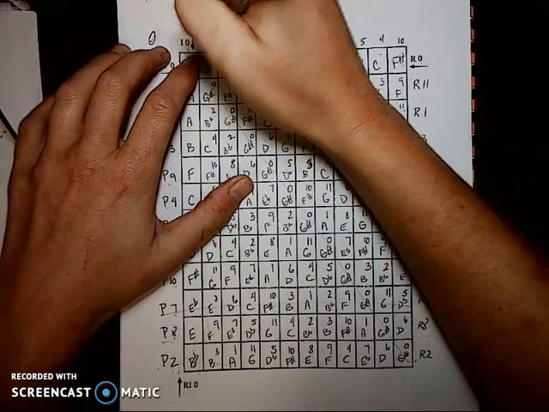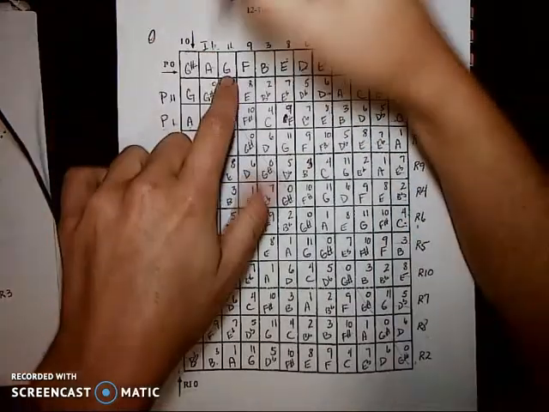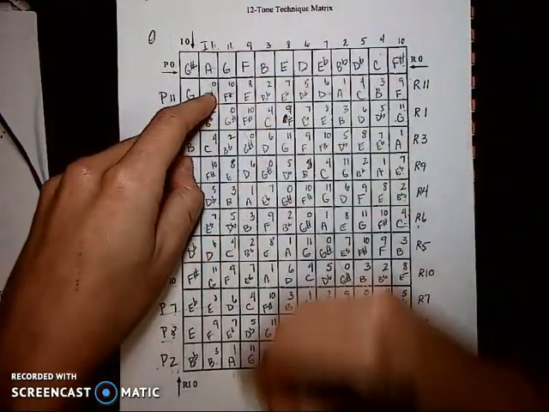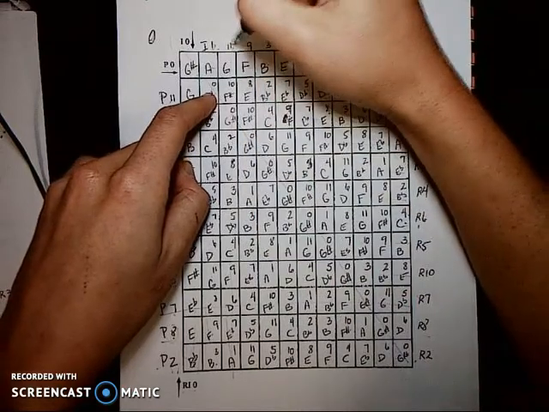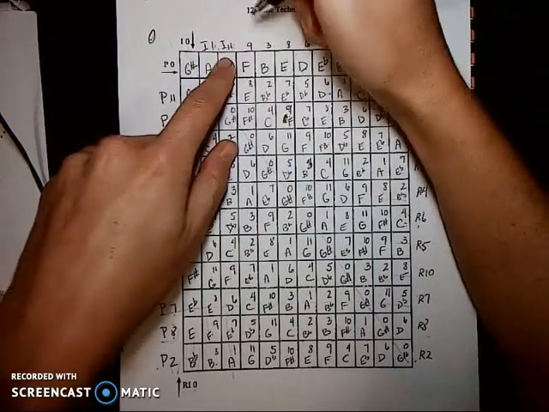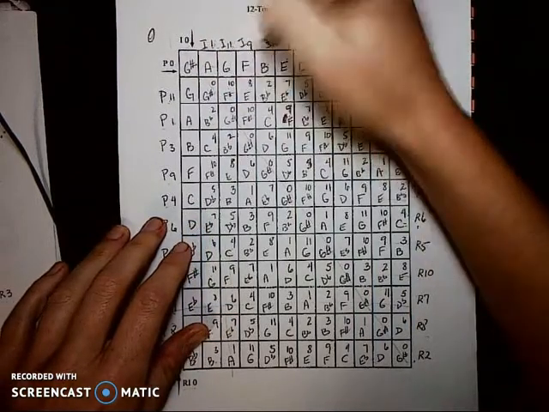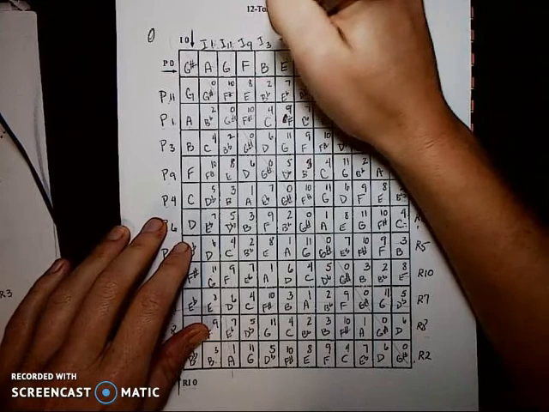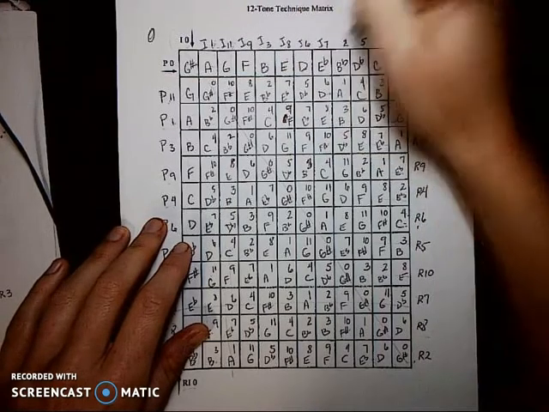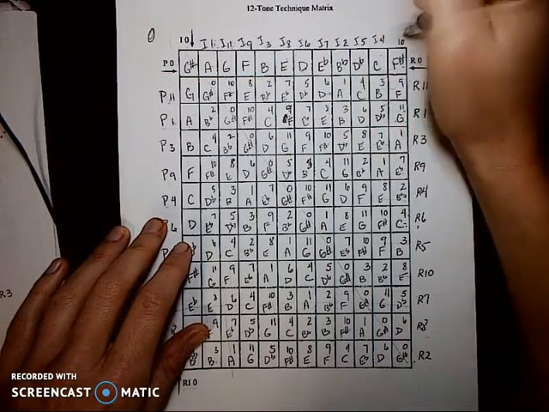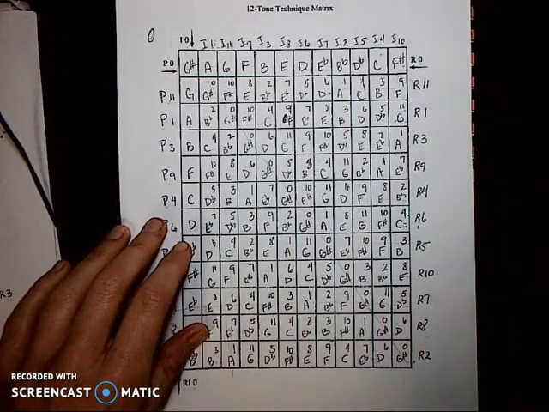So we would call this I1. The next one, this inversion row, we've transposed by 11 half steps. We call it I11. This one has been transposed up by 9. So we call it I9. So all these across the top are all I's. I2, I5, I4, I10. Very easy, right?